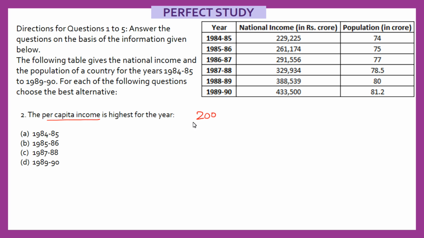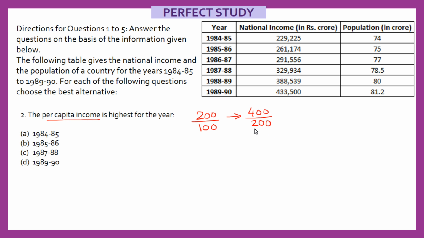Suppose I have this fraction 200 divided by 100, which obviously you know is equal to 2, and this value I am changing like this, 400 divided by 200. Now if you are given two fractions like this and you have to find which is higher, do you need to actually divide?